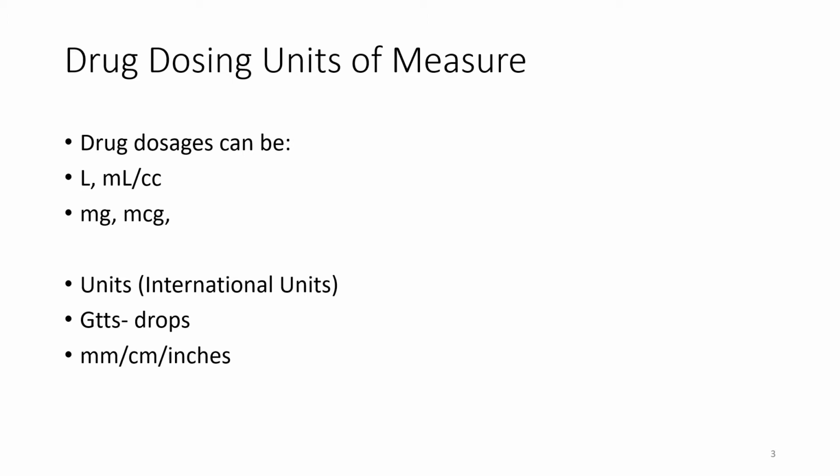Okay, there are other things like grains and pounds, and drams, which were used in the apothecary system, but you rarely ever see those. So be familiar with the ones that are on this slide and how to convert each of those.